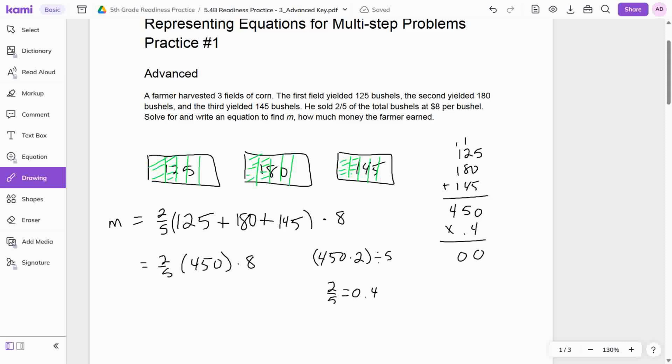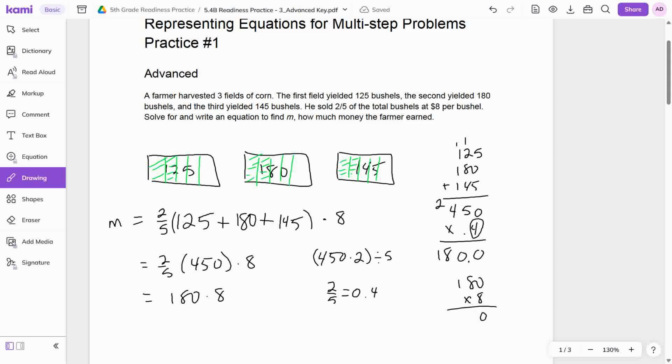So that's 20, 16, 18, but one digit behind the decimal. So now it's 180. So now I've got my 180 times 8. And so I'm just going to do my 180 times 8. I don't want that extra 0.